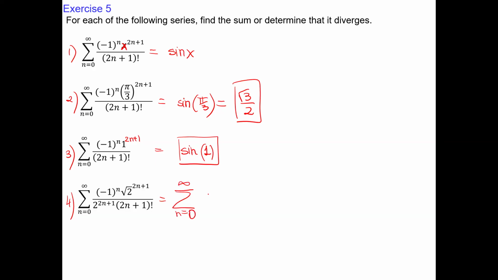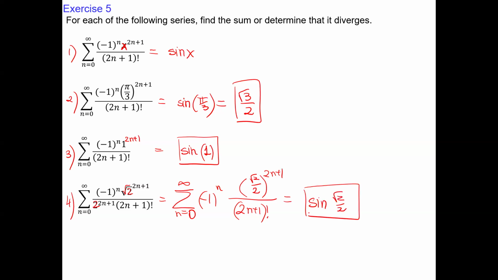It's the summation from 0 to infinity, negative 1 to the n, with the denominator 2n plus 1 factorial, and the quantity x to the power of 2n plus 1. And we can see square root of 2 over 2. I can put it back and write together. This will be sine of square root of 2 over 2. Also, we don't know the value, so we will leave it like this. That's a nice practice of the formula for sine of x.